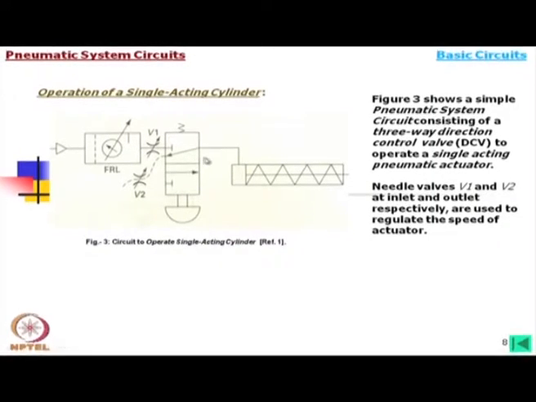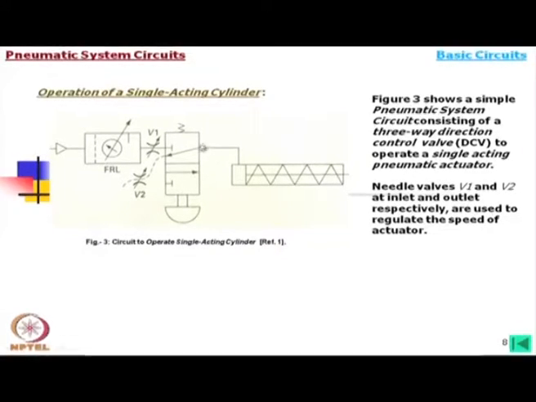Obviously, there will be pressure drop, but flow control will be there. Now, we can control this flow at the entrance. That means, when the air is entering, there is a control of the flow. It is possible to control the flow.